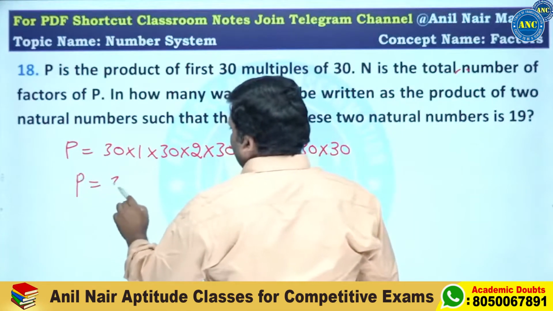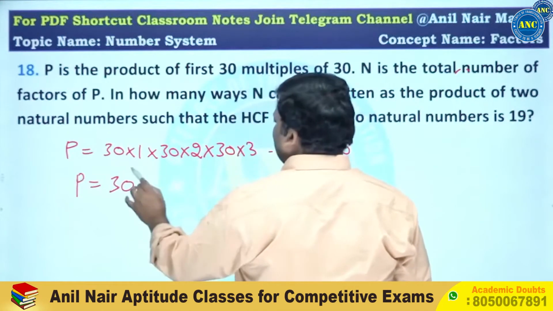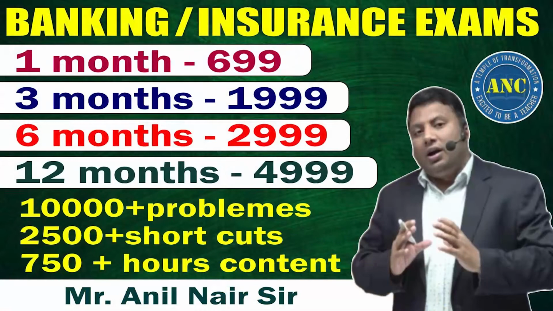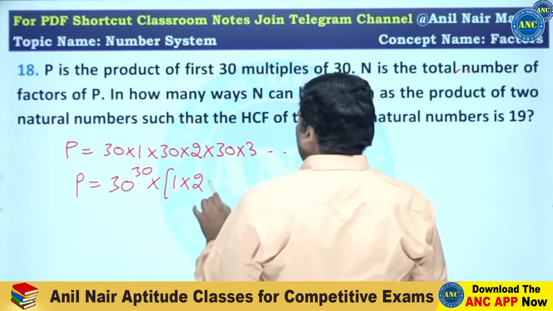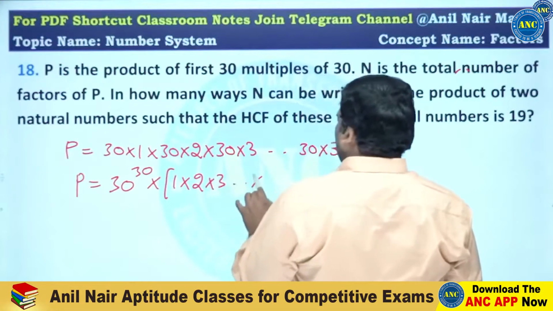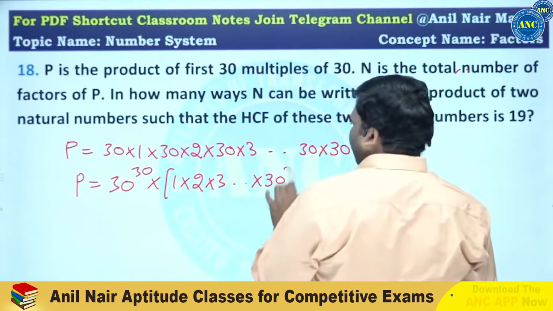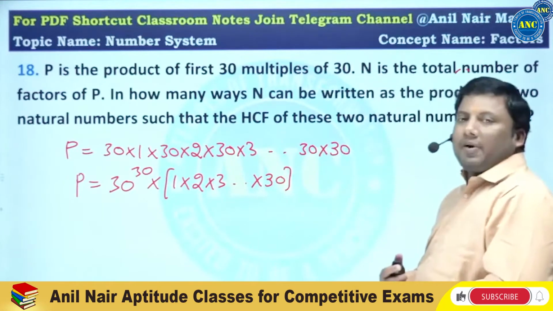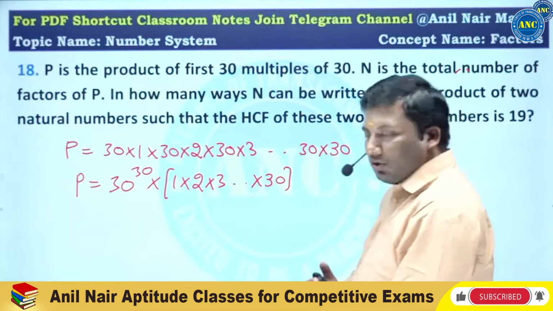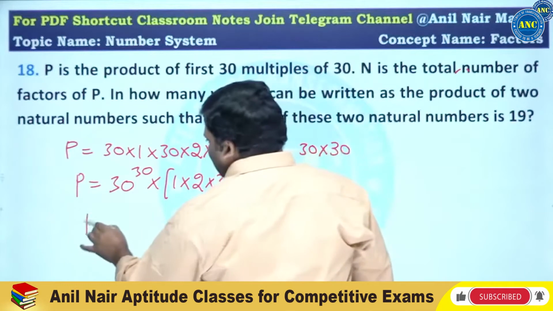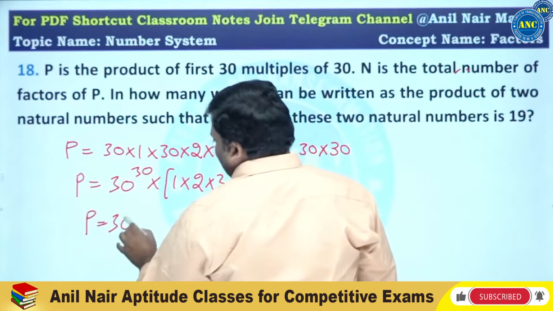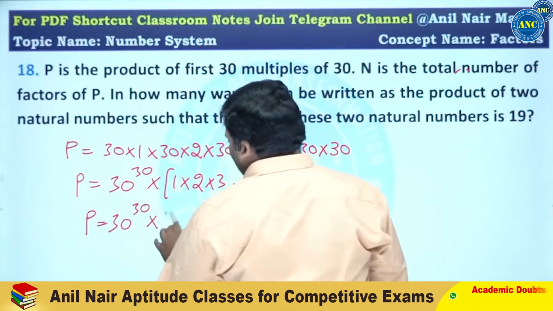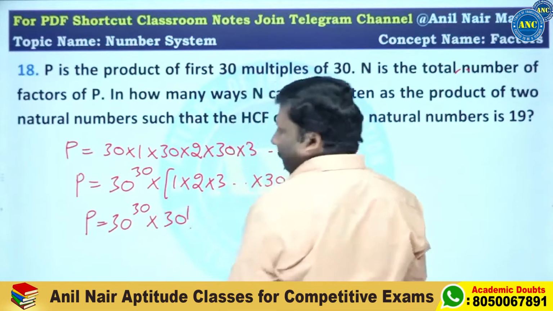So P will be 30 power 30 into 1 into 2 into 3 and so on up to 30. So P will be 30 power 30 into 30 factorial.